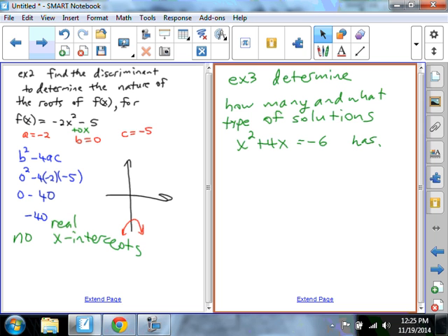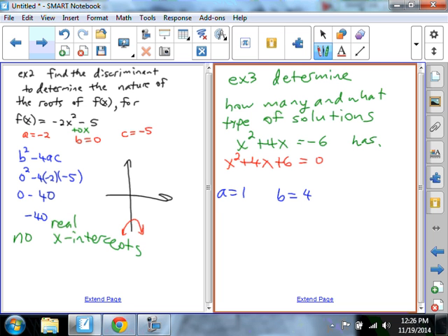So we've got to identify A and B and C. A is 1, B is 4, and C is -6. Oh, wait a minute. So to put it in the standard form, we'd have to have x squared plus 4x and add 6, so it'd be plus 6.